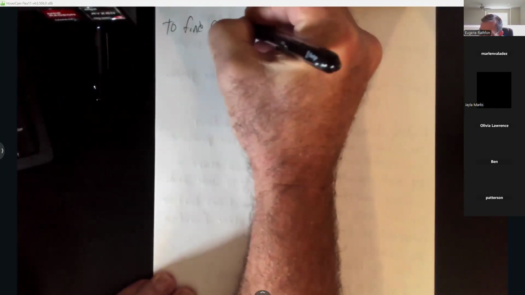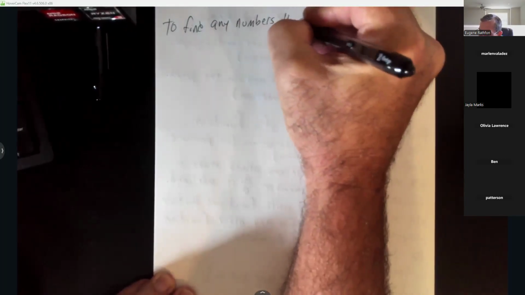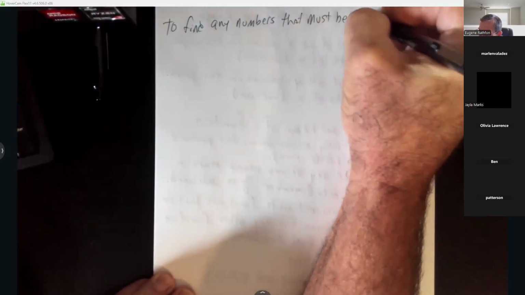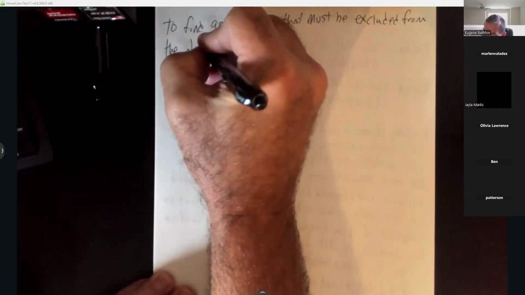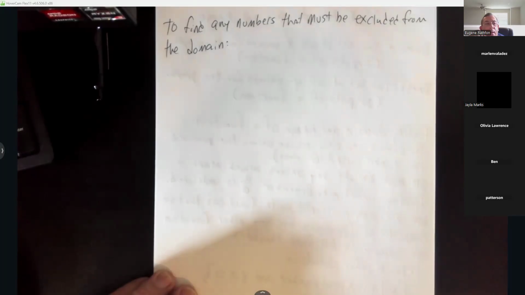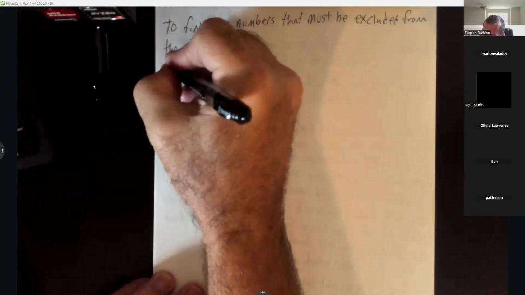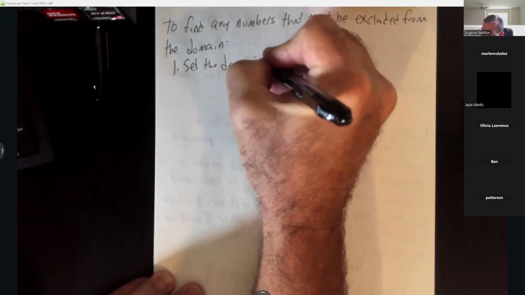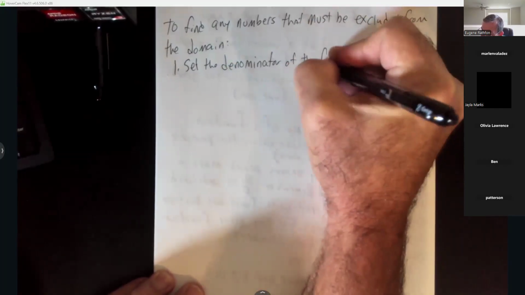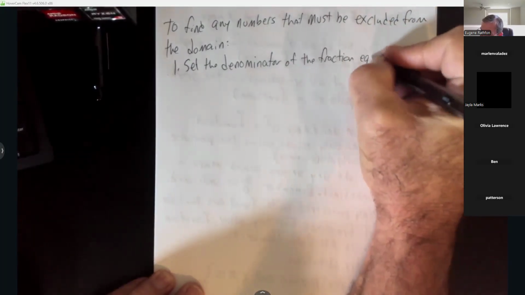So to find any numbers that must be excluded from the domain, the only thing I'm going to do is set the denominator of the fraction equal to 0.